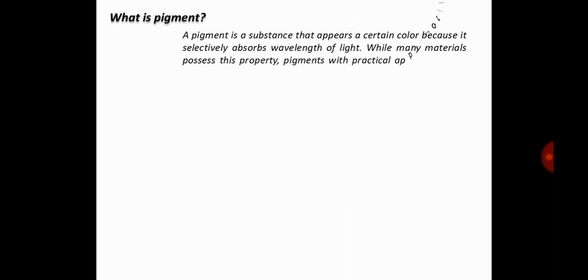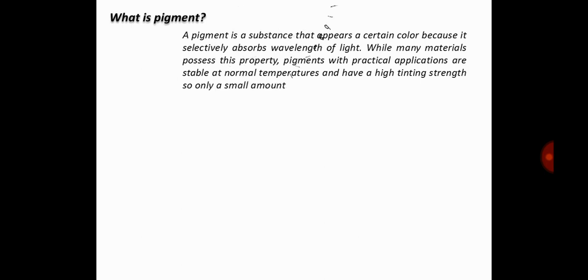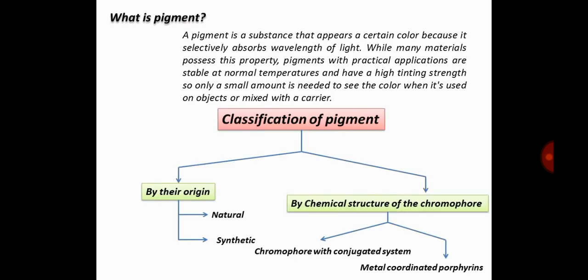And pigments are classified depending upon their origin and the chemical structure of the chromophore. Depending upon origin, pigments are classified as natural and synthetic pigments. Natural pigments are produced by living organisms like plants, animals, fungi, microorganisms, and hemoglobin is an example of natural pigments.